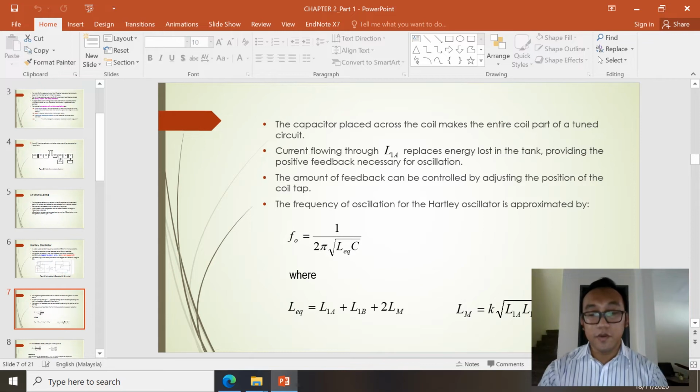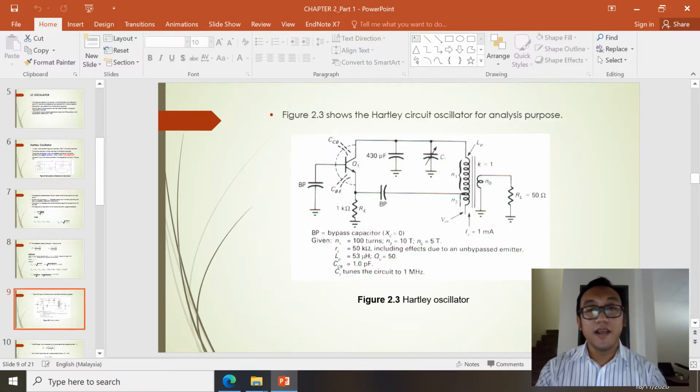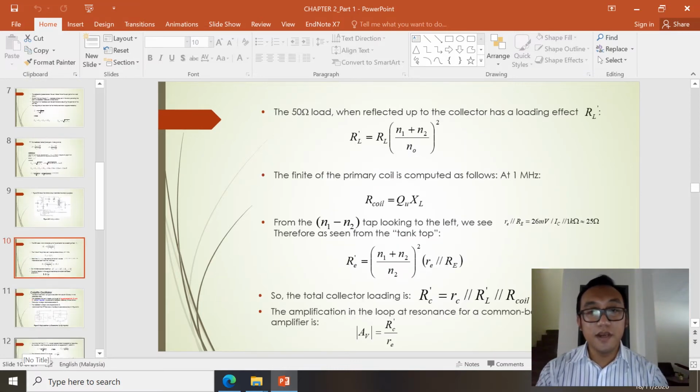Every time we want to calculate the quality of the oscillator, they will give the K. The frequency, the feedback, and also the gain: how good is the oscillator based on the feedback, and how great is the oscillator at creating a big signal. Okay, this is the example, and this is the calculation.